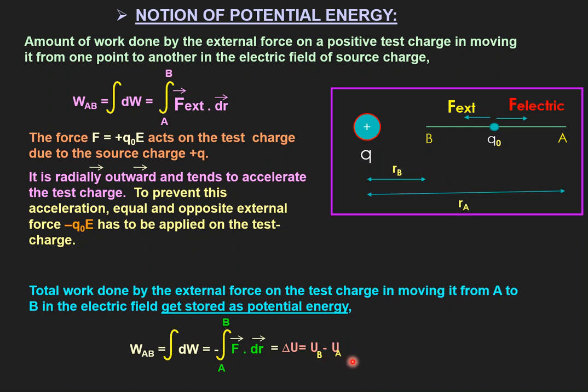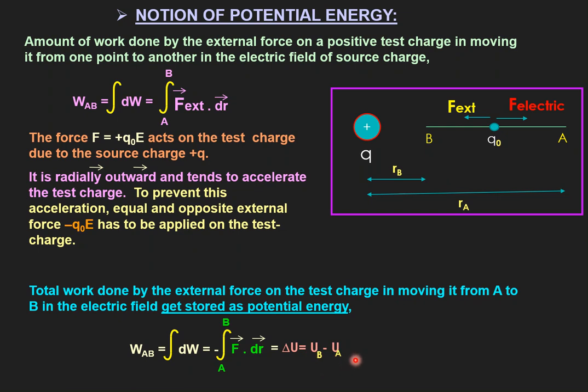Here we have taken the initial point as A and the final point as B, so this gets stored as potential energy.